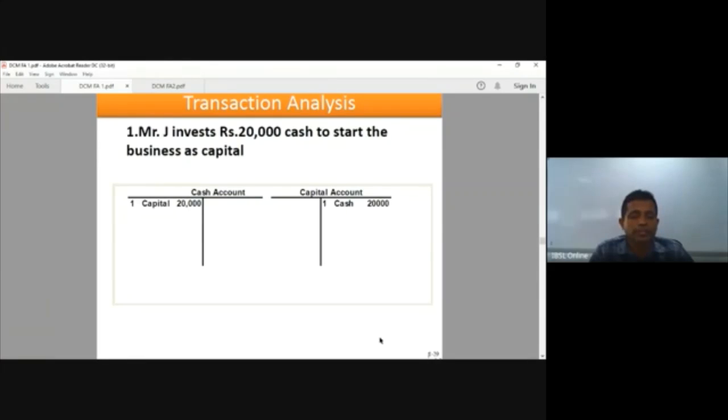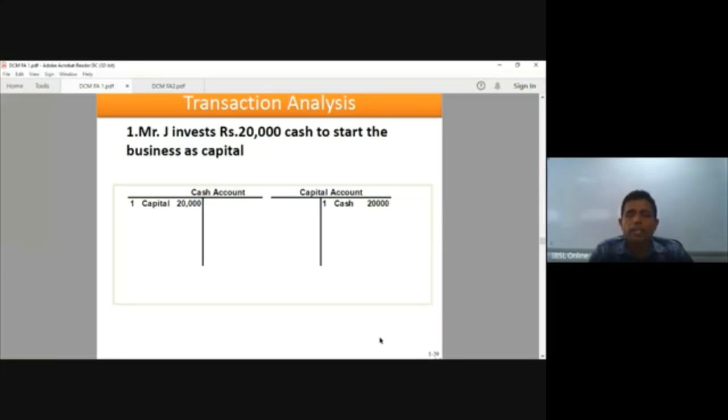If you move on to the credit entry, apart from receiving cash, the business also receives a liability from the side of the business owner. That is called an internal liability. Internal liabilities are called equity.